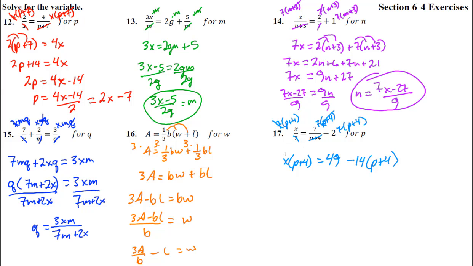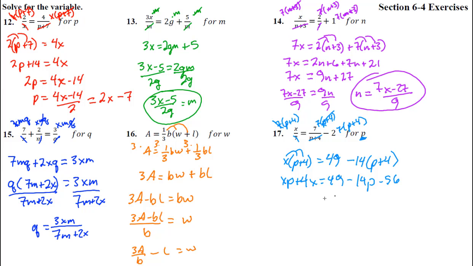Okay, let's go ahead and distribute. xp plus 4x equals 49 minus 14p minus 56. Okay, now remember we're trying to get p by itself, and there are multiple p's, so we have to get all the p's over to this one side.